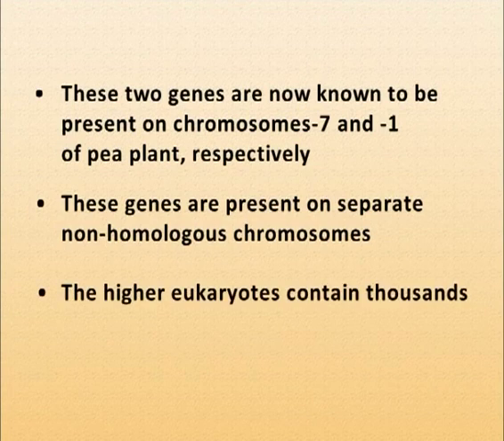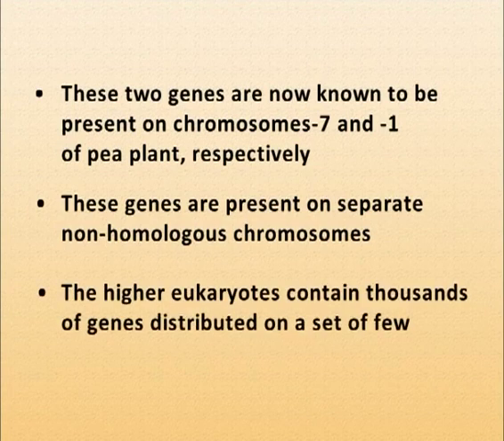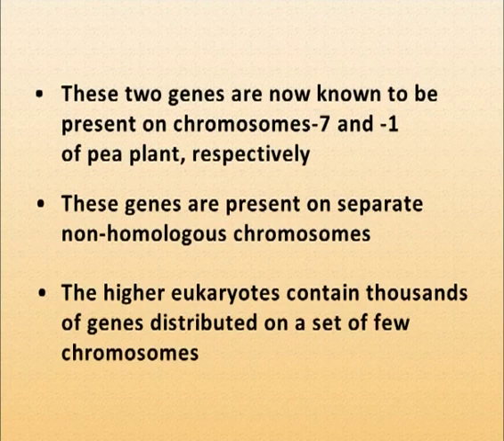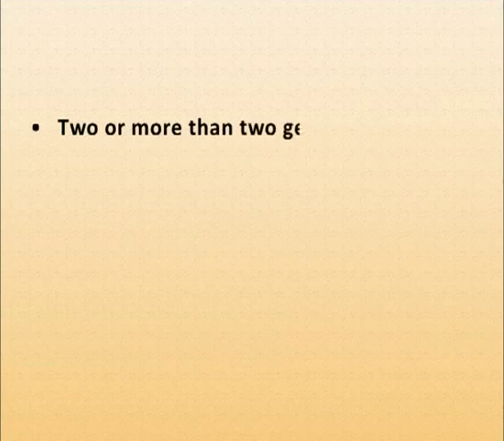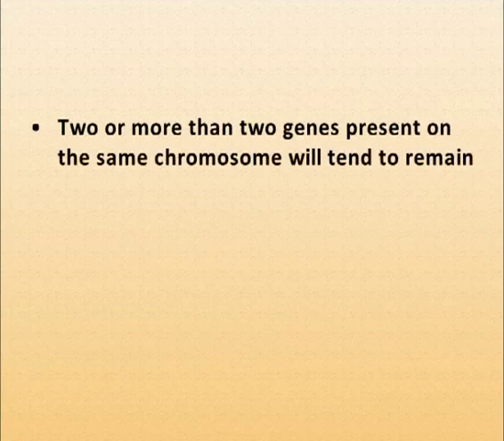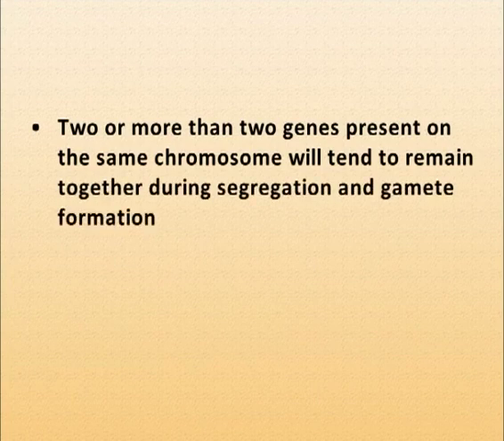The higher eukaryotes contain thousands of genes distributed on a set of few chromosomes. Therefore, it is certain that each chromosome carries hundreds of genes. So, two or more genes present on the same chromosome will tend to remain together during segregation and gamete formation.